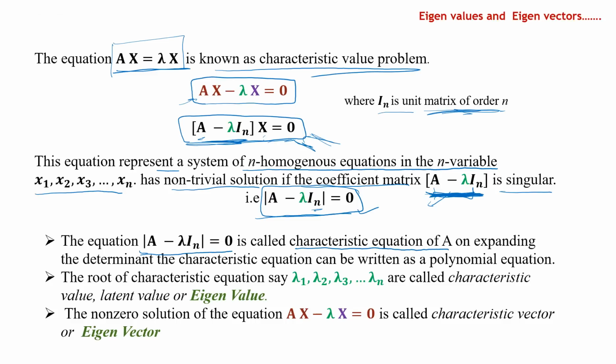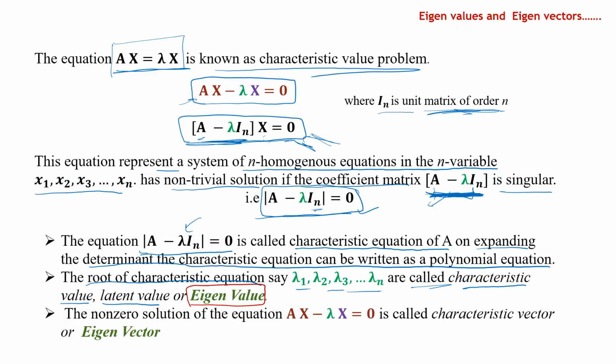On expanding the determinant, the characteristic equation can be written as a polynomial equation. If we expand that equation, it becomes a polynomial equation, and then definitely we have roots. The roots of that characteristic equation, say lambda 1, lambda 2, up to lambda n, are called the characteristic values, or latent values, or the eigenvalues.